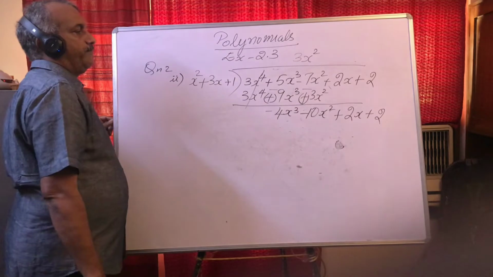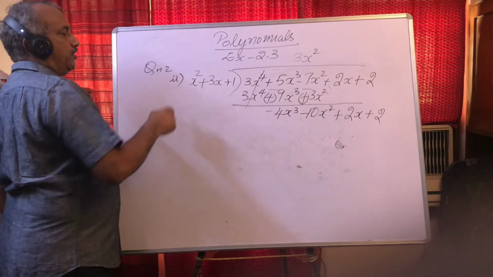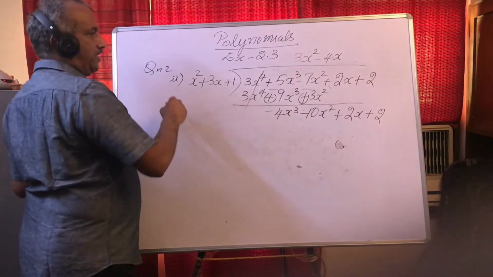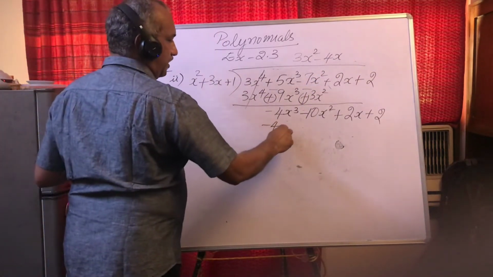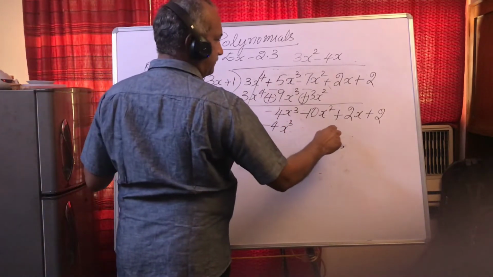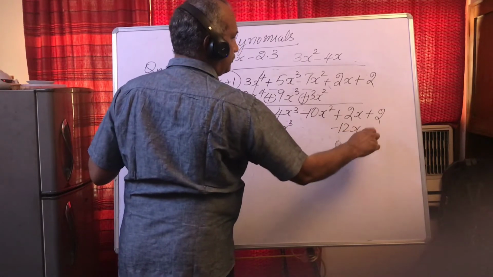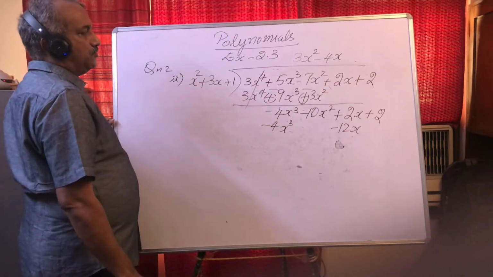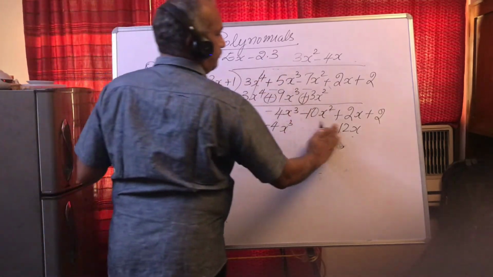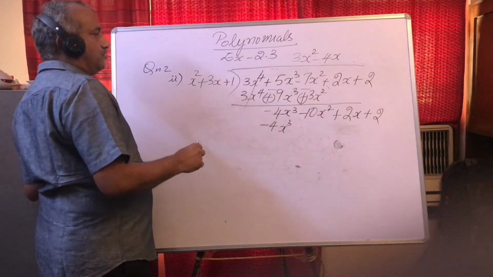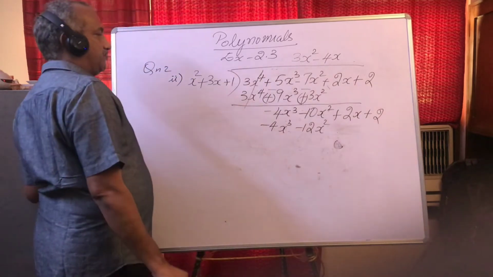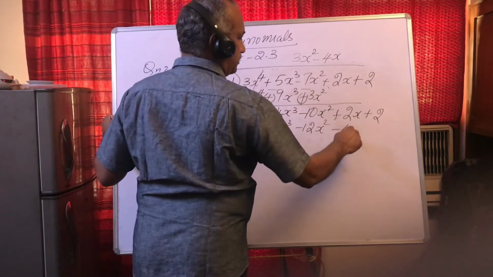First division is over. Again divide minus 4x cube upon x square: minus 4x into x square, minus 4x cube; minus 4x into 3x, minus 12x square; and minus 4x into 1, minus 4x.